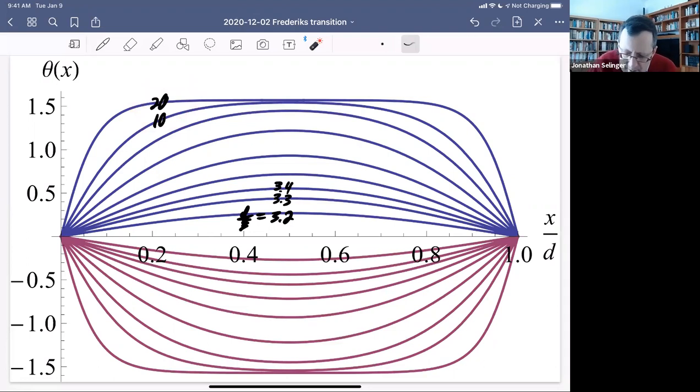Okay. So the plots like these are like my first guess. Okay, that's pretty good. The plots like this are plots where the director rotates a little bit and then it has to rotate back. So there's only a little bit of variation in the director. And then if the ratio d over psi is too small, then you just stay at 0.